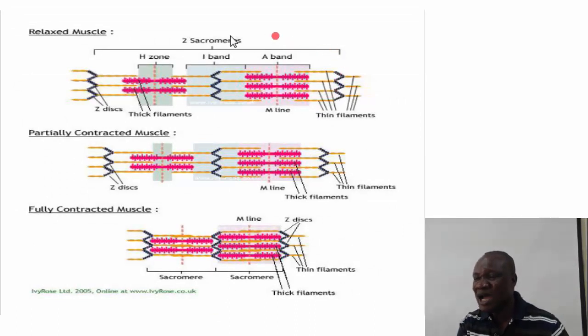If we began with a relaxed muscle like this, this is a partial contraction. You realize that the H zone is decreasing in width, till at a point when the muscle is fully contracted, there is no H zone. So we start from a sarcomere of this width to that of this width, and this is the sarcomere when the muscle is fully contracted.